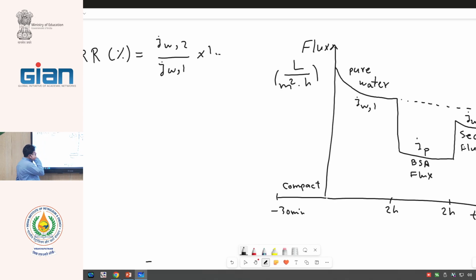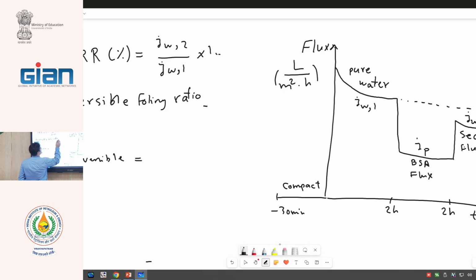We have 2 fouling parameters, the reversible fouling ratio and the irreversible fouling ratio.